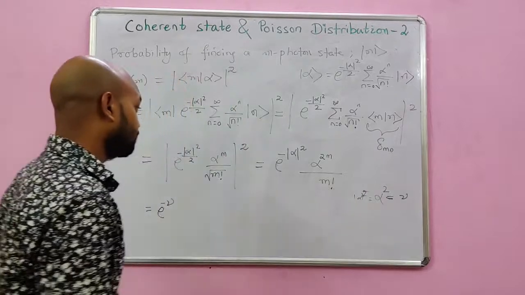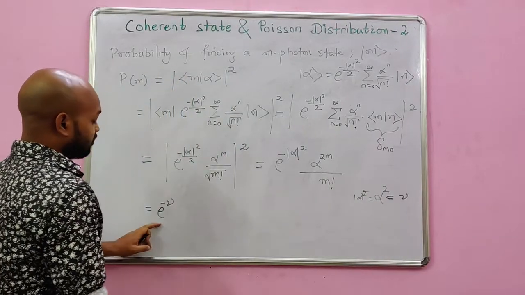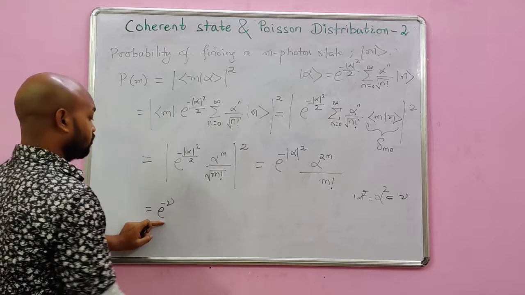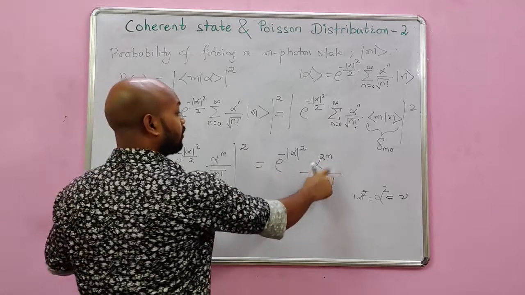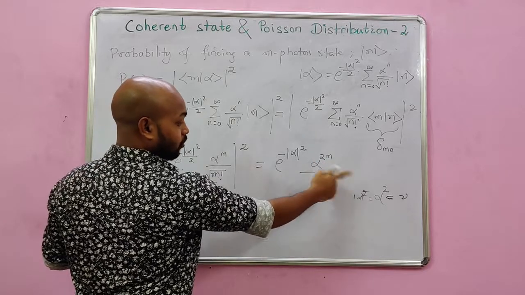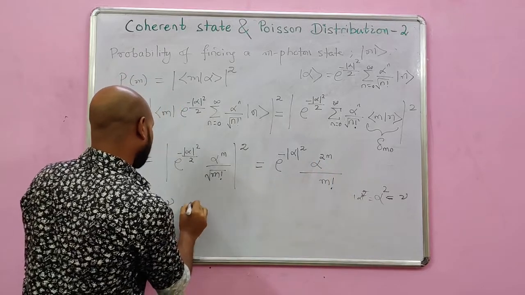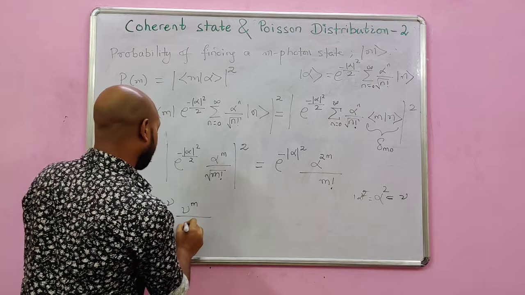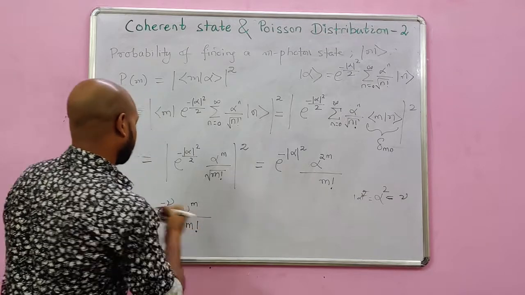I could write it as e power minus nu, and this alpha power 2m is nothing but alpha mod square to the power m, so I get nu to the power m divided by m factorial.